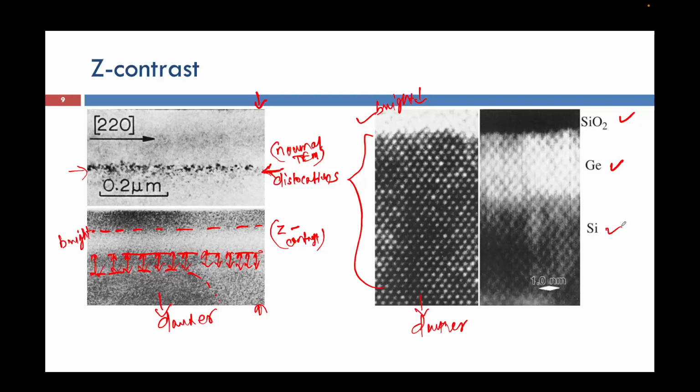Though three different types of atoms are there in this region which I am highlighting right now, we cannot say which atom belongs to silicon dioxide, which to germanium, and which to silicon, until and unless we acquire a Z contrast image. Now after applying the Z contrast, we can see from here to here this is germanium, above that this is silicon dioxide, and below this is silicon. So this is how the Z contrast helps us interpret the images.